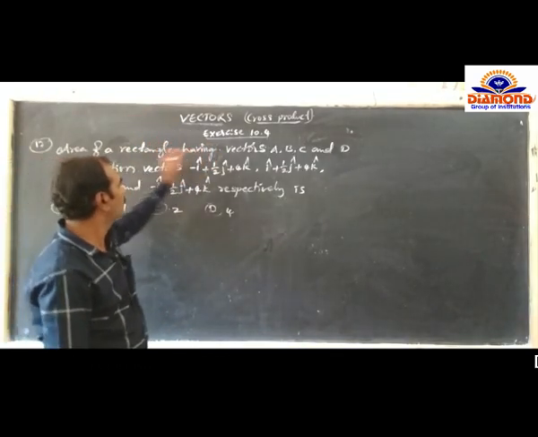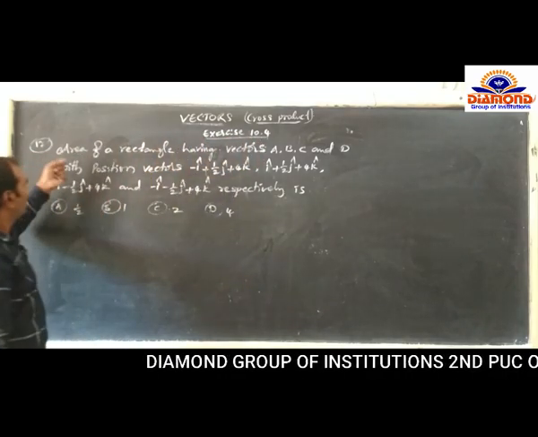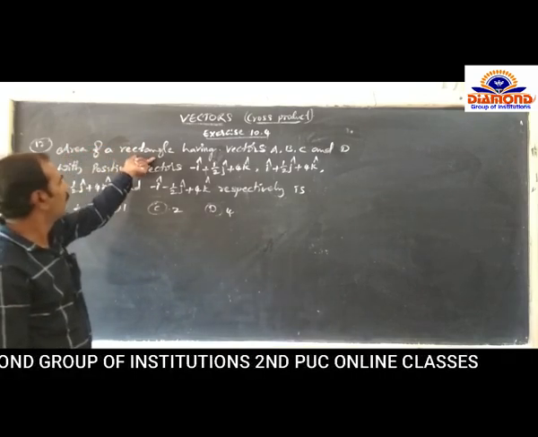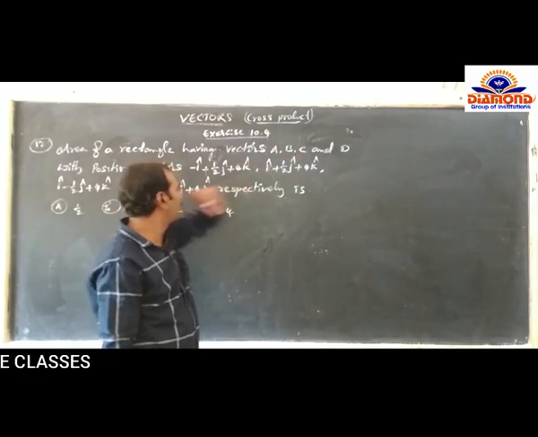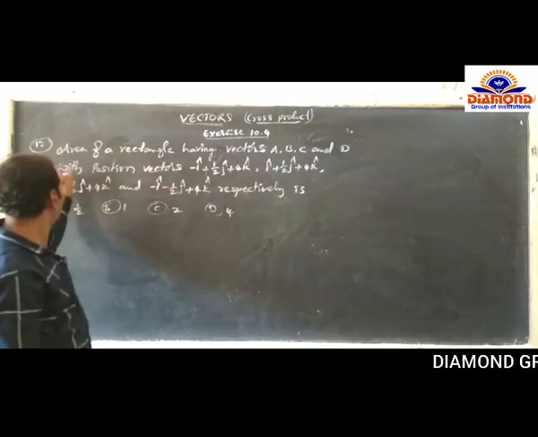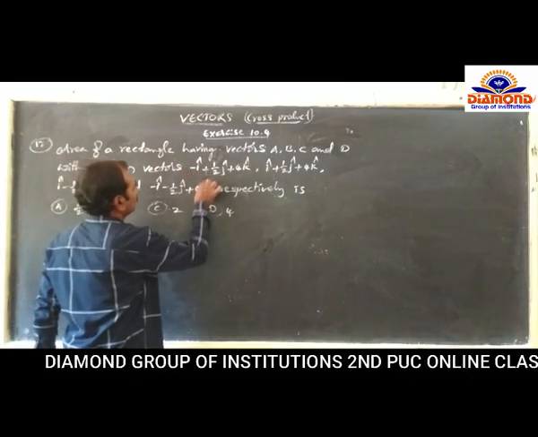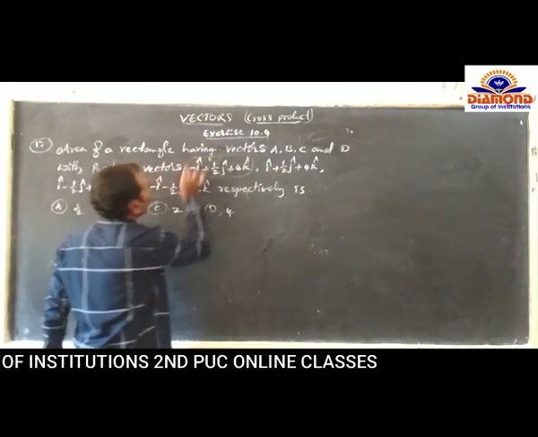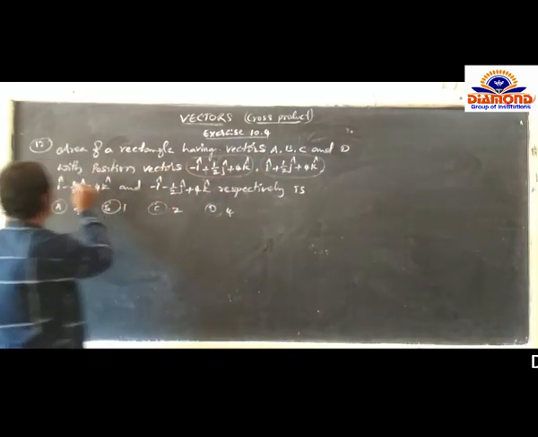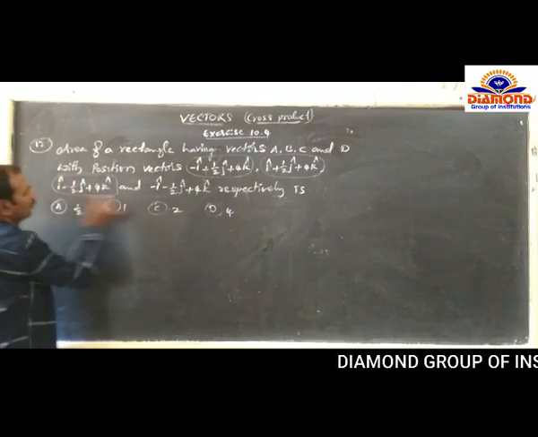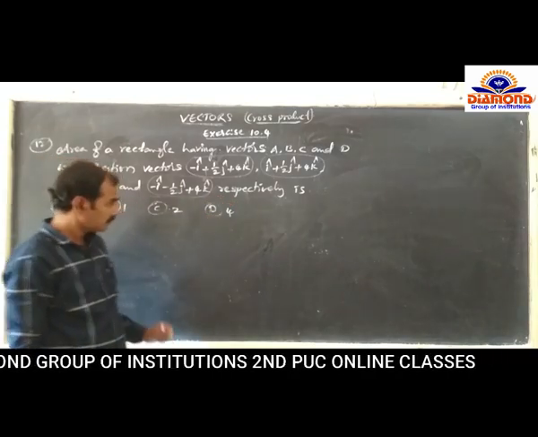Vectors cross product, last problem. Exercise 10.4, question 12. Find the area of the rectangle having vertices A, B, C and D with position vectors OA, OB, OC and OD respectively.